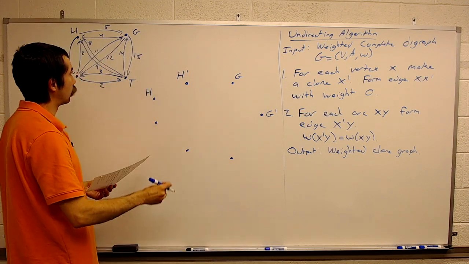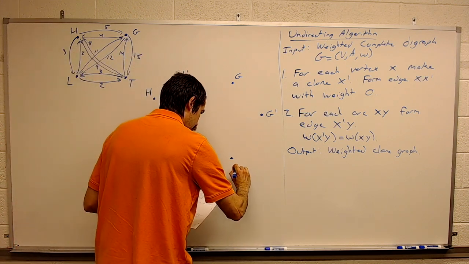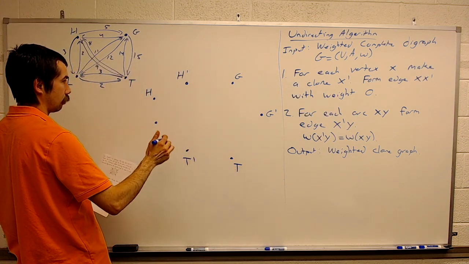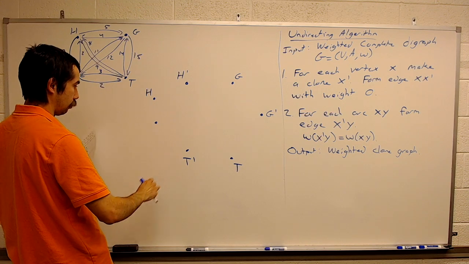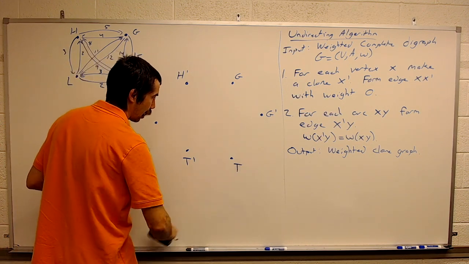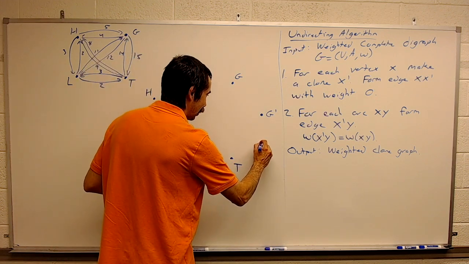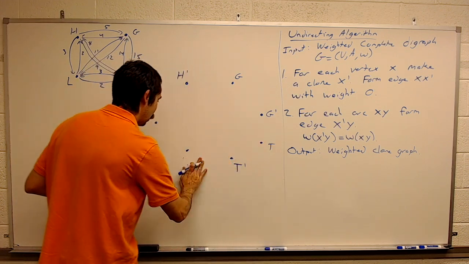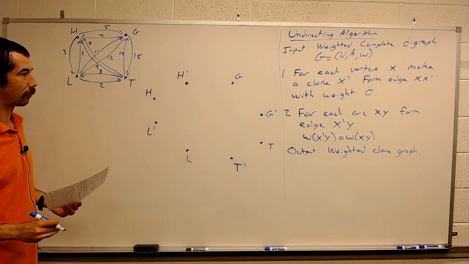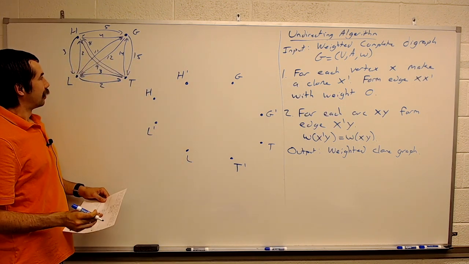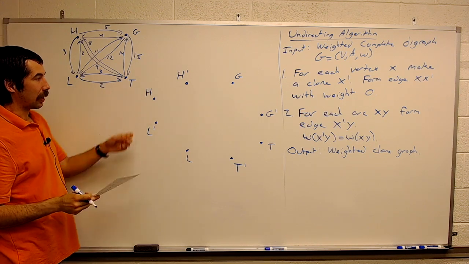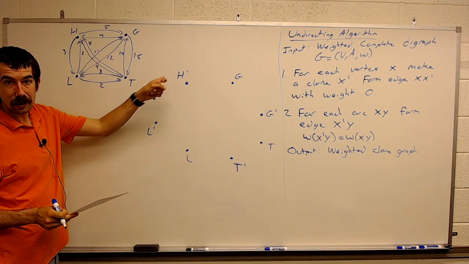This will be T, and its clone T prime. And this is L and L prime. Form an edge between each vertex and its clone with weight 0.